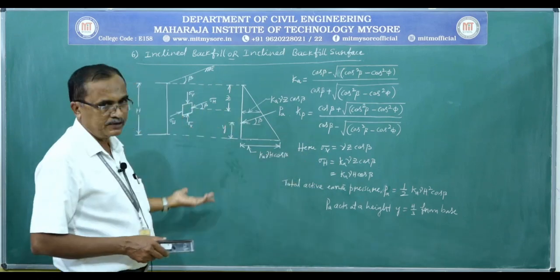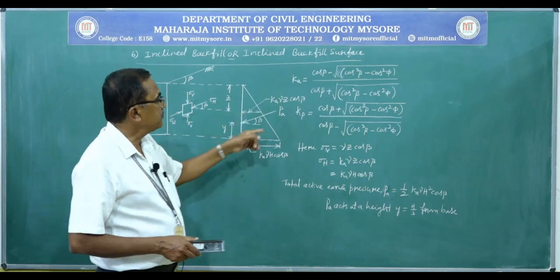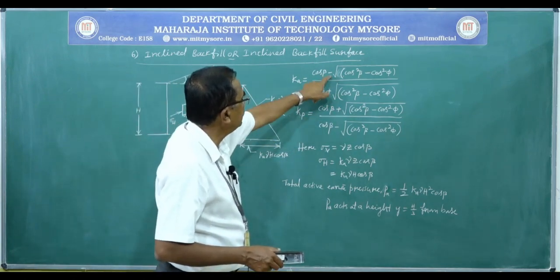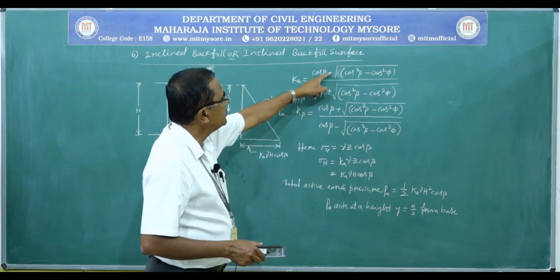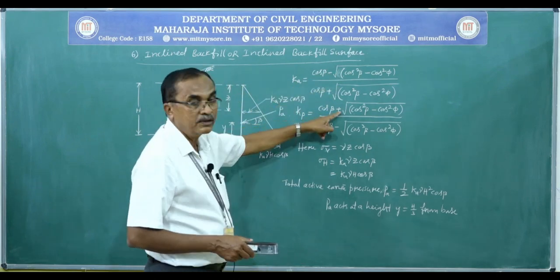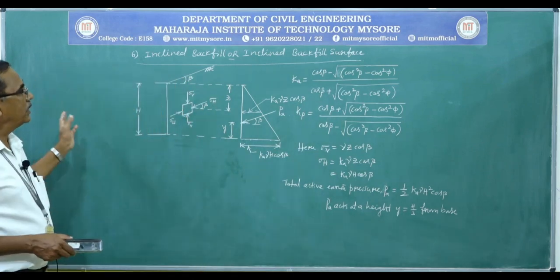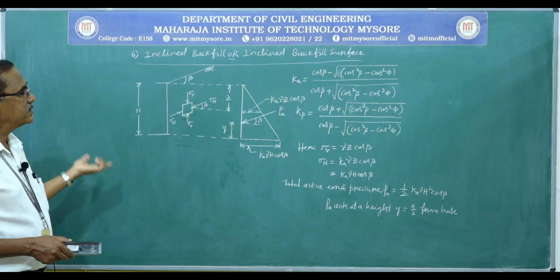Similarly for the passive case, we have to use the coefficient of passive earth pressure, with cos beta. The only change here is that the minus in the numerator becomes a plus in the case of Kp. We rarely come across this type of case.